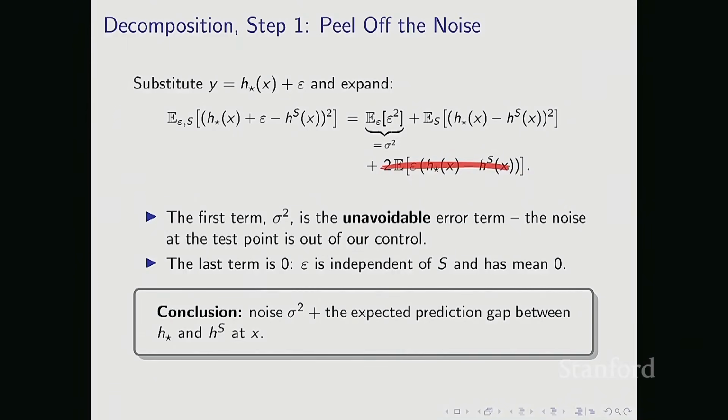And now we are looking at how far away is the true model from the one we train on, in expectation over s. And we're going to decompose that further. So it's basically sigma squared, this noise, plus the expected prediction gap between h star and h of s. And if you wanted to set sigma equal to 0, well, you would have this term 0 anyway. But this would be the new term that you would have. So now we're going to analyze this.